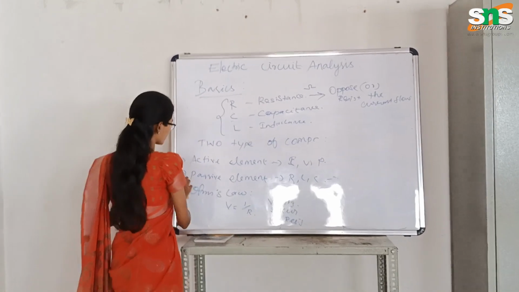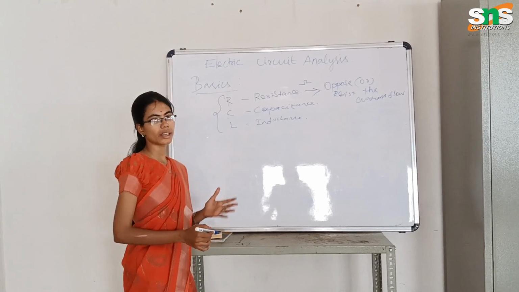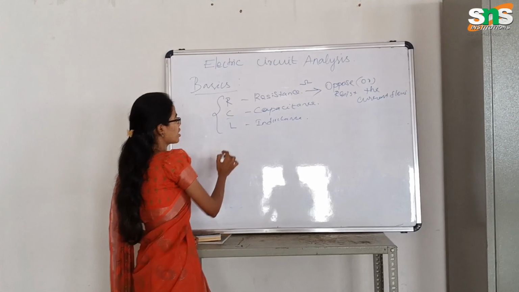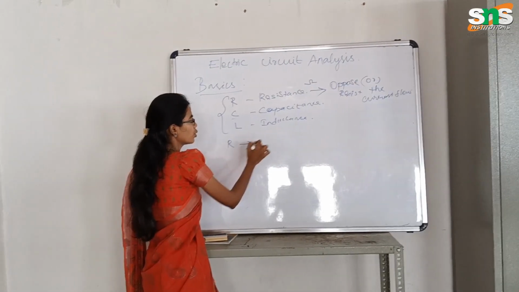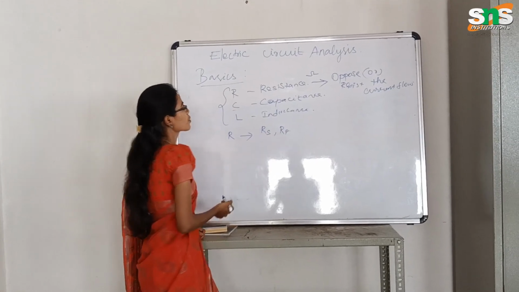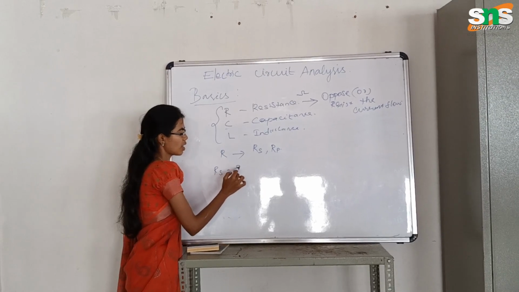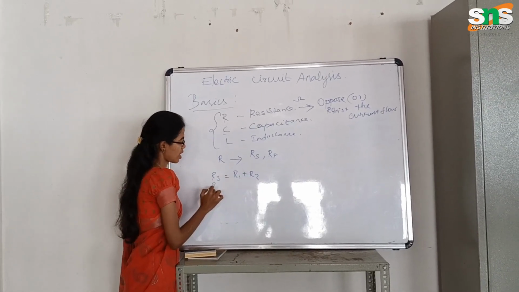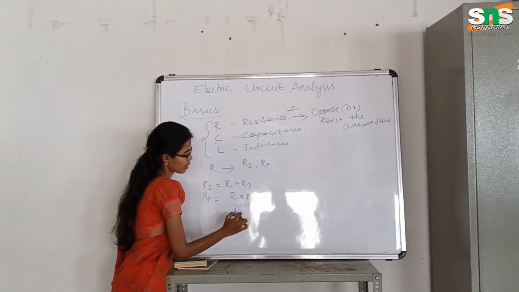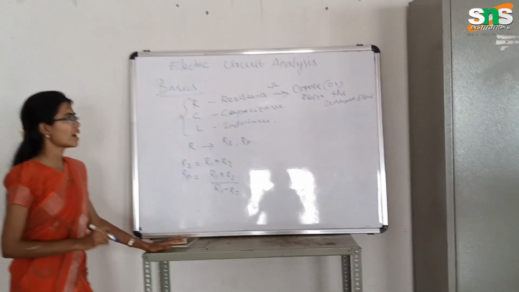Talking about Ohm's law, we know that V by I is equal to R. In our resistance value, we already know that we have resistors in series and resistors in parallel. For series, R is equal to R1 plus R2. For parallel, Rp is equal to R1 into R2 divided by R1 plus R2. So, this is your resistance value.